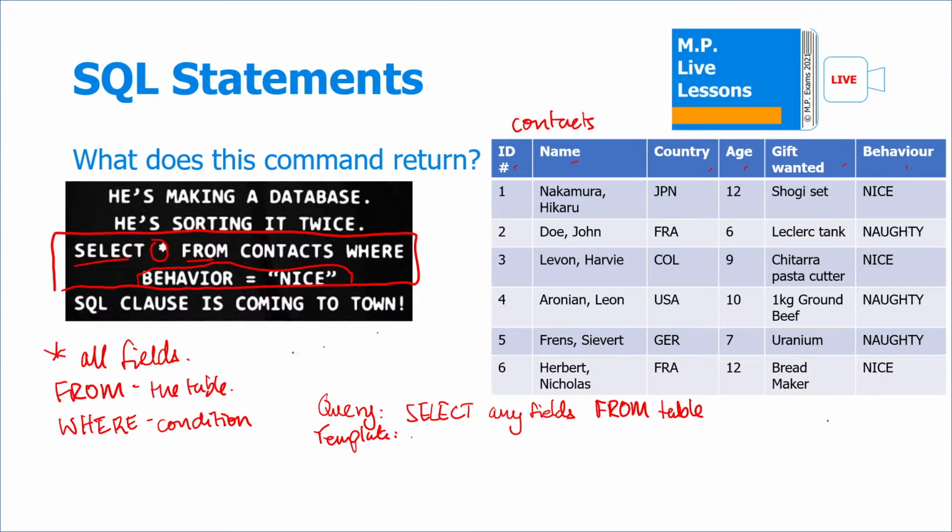And then where, so that's like a condition. And then often you could have a sort by, like any, let's say, variable ascending or descending.